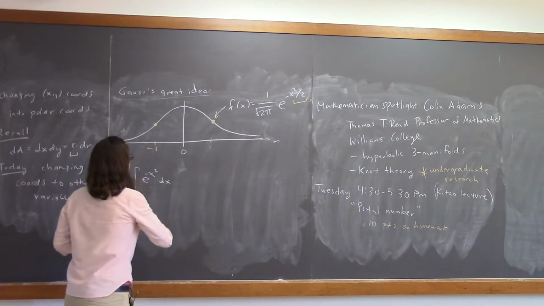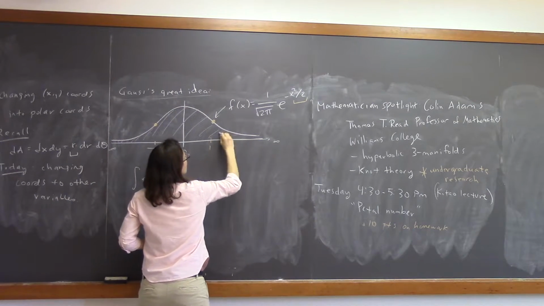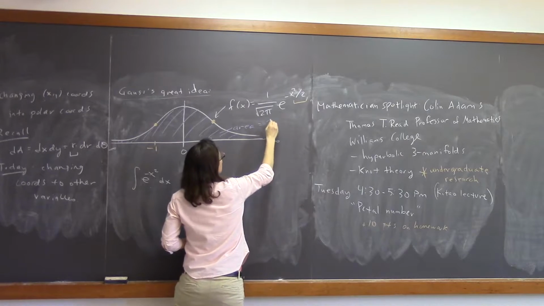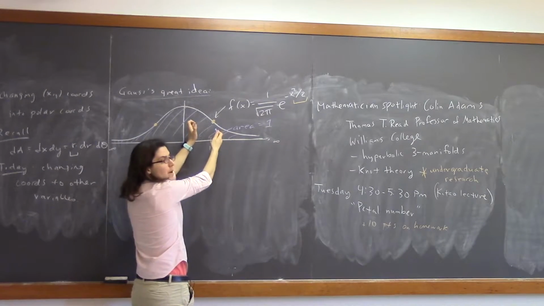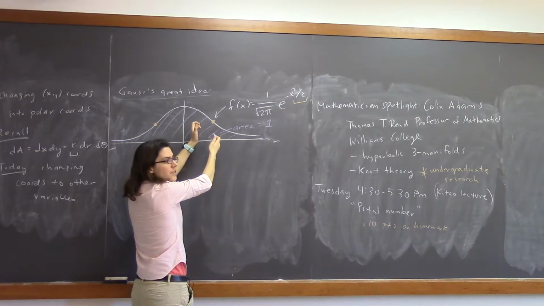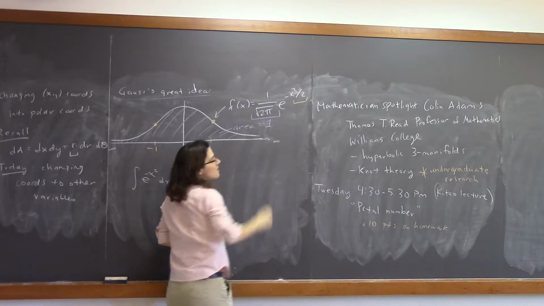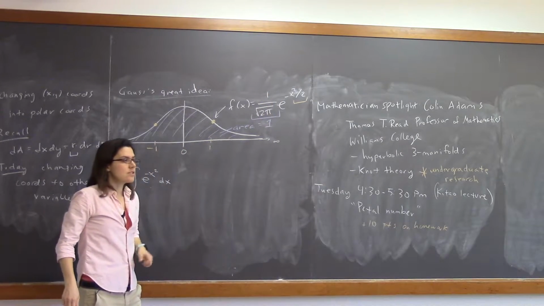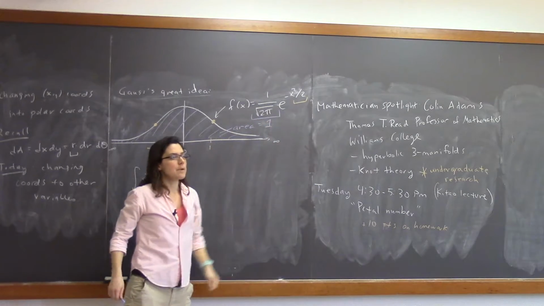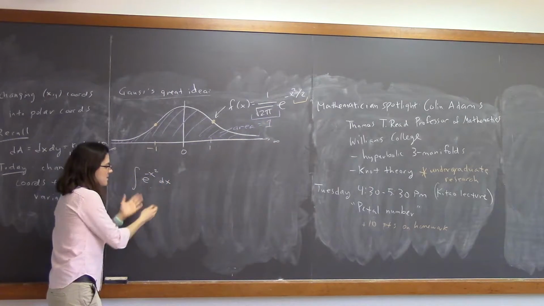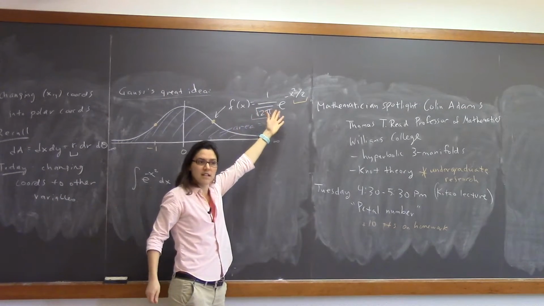The other thing that people want is they want the area under this whole thing to be 1, so that if you just take areas of this, it can be the probability of falling in that region. So you want the whole area to be 1, which is what this constant is about. So for the actual bell curve function, we have those two constants in there. But I hope you agree that if you were able to integrate this function without the constants, you could also integrate this function with the constants.